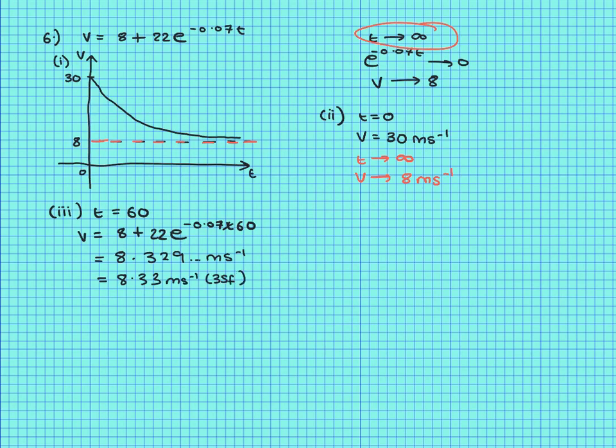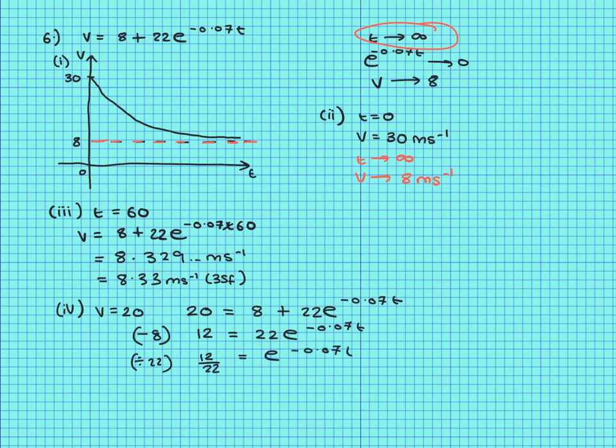And part 4, find the value of t when the parachutist is travelling at 20 meters per second. So v equals 20, so we have 20 equals 8 plus 22 e to the negative 0.07 t. We have to solve this equation. Subtract 8, so we have 12 equals 22 e to the negative 0.07 t. Divide by 22, so 12 over 22 equals e to the negative 0.07 t.